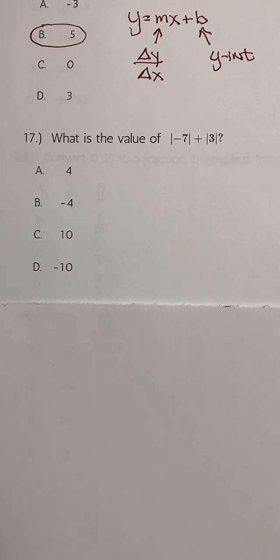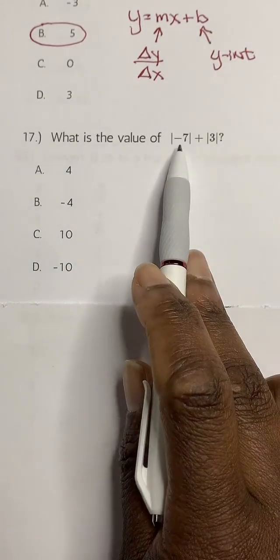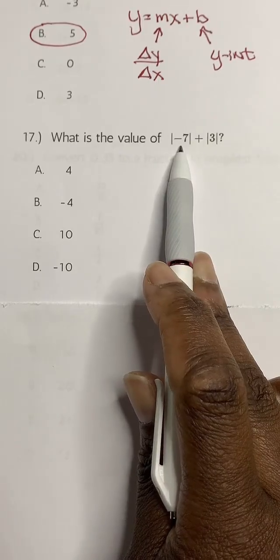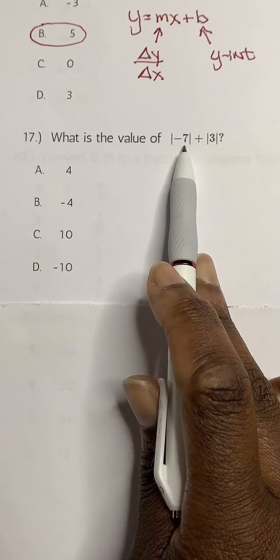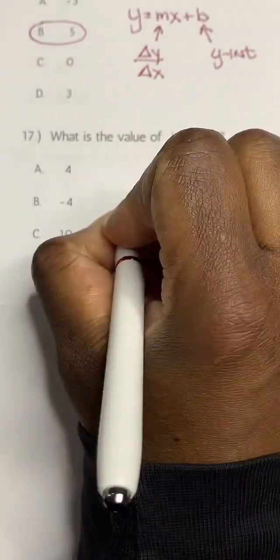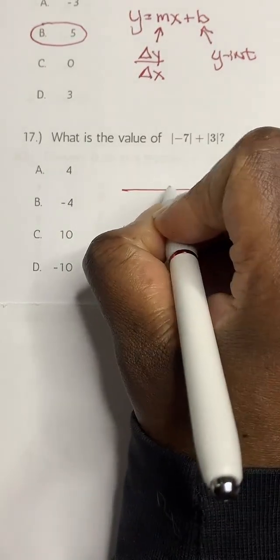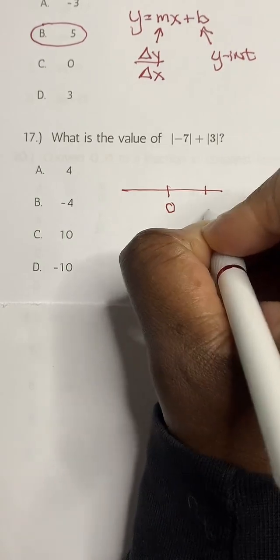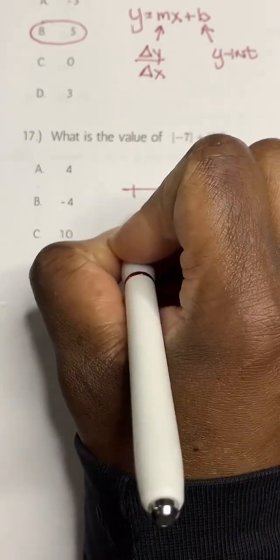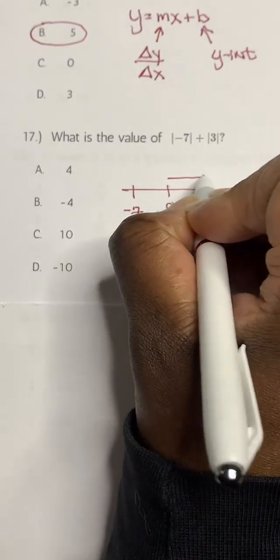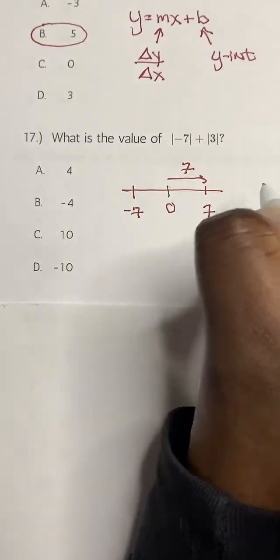So let's take a look. If we're talking about absolute values, remember the absolute value is the distance away from 0. So if I have my line here, say this is my 0, this is my +7, this is my -7. No matter what, from 0 to 7, that's going to be 7 units.